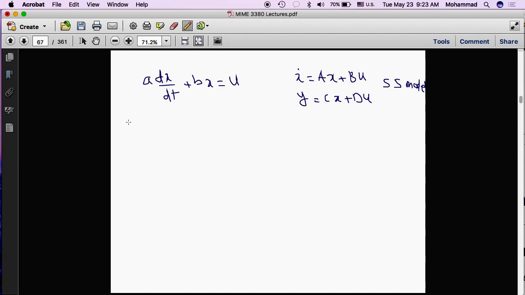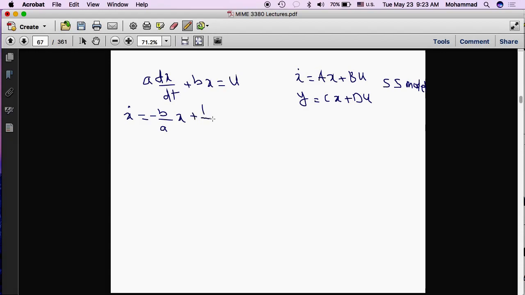So if you rewrite this equation, with x dot on one side, you will have x dot equals minus b over a times x plus 1 over a times u. So what is the capital A for us? Capital A is this term, and capital B is this term.